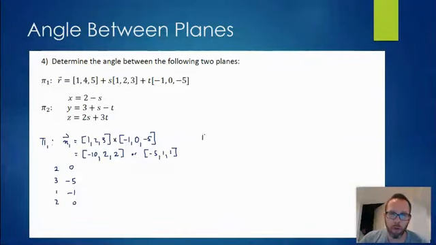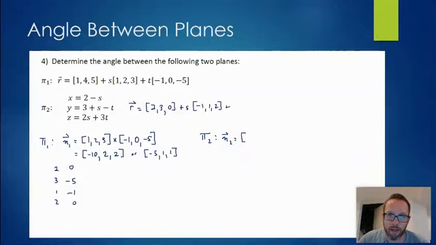Let's do pi 2 now. What are our two direction vectors? Well, we can pull them from the parametric equations, because this is the vector equation: (2, 3, 0), no constant in the last one, plus s times (-1, 1, 2), plus t times (0, -1, 3).